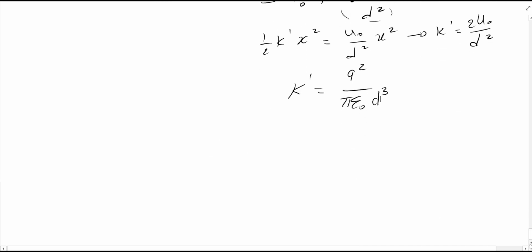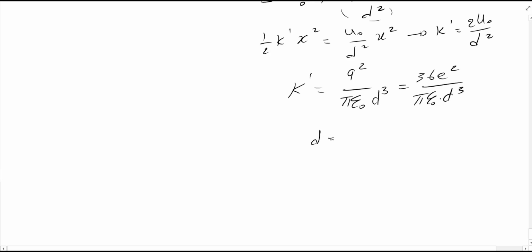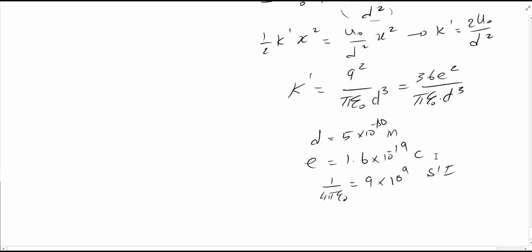If we express it in terms of e, then q is equal to 6e. So this is actually 36 e squared over pi epsilon naught times d cubed. We have d equal to 5 times 10 to the negative 10 meters, e equal to 1.6 times 10 to the negative 19 coulomb, and 1 over 4 pi epsilon naught equals 9 times 10 to the power 9, in SI.